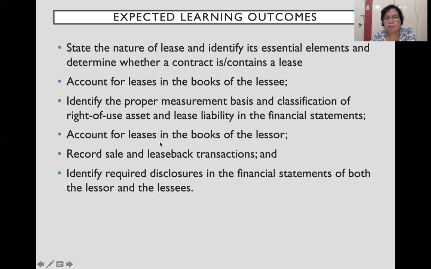Again, you should be able to account for leases in the books of the lessor because this is done in Part 2. And similar to the lessee, you should be able to identify the proper measurement basis and classification of related assets and liabilities in the statement of financial position and related income and expenses in the statement of comprehensive income of the lessor.